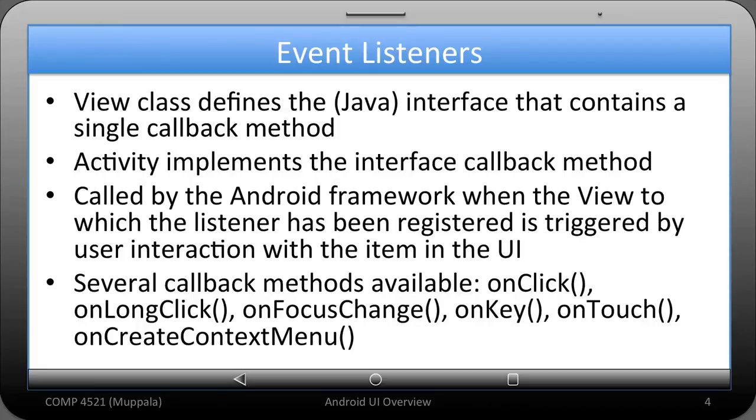So within Android, there are several callback methods available for a view class. These include on-click, on-long-click, and so on. But in particular, in the example that you just saw, we saw the use of the on-click method for responding to the user interaction with the user interface.